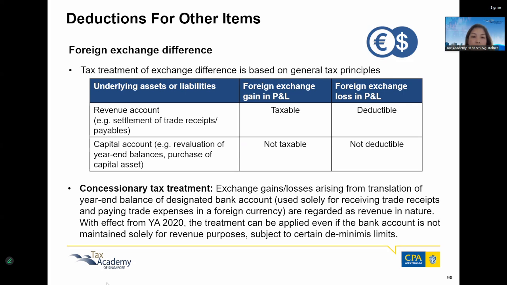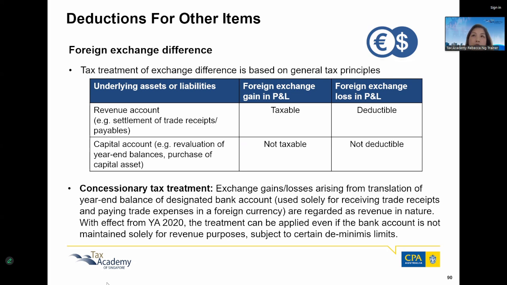And from YA 2020, there are some diminished rules for the application if let's say the bank account is not solely used for revenue purpose. So previously, bank account is on capital account. Okay, bank account is always on capital account, but if let's say the bank account is a designated bank account, then we will regard that particular bank account where the foreign currency transaction arises to be revenue.